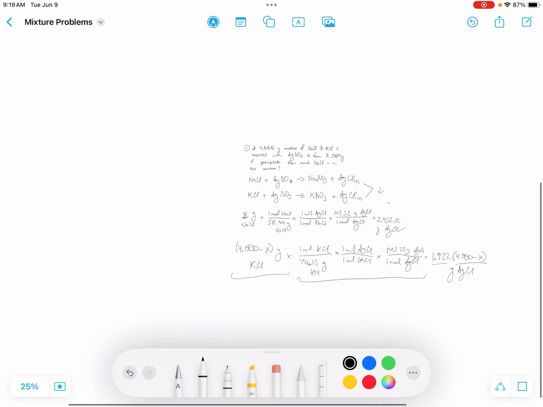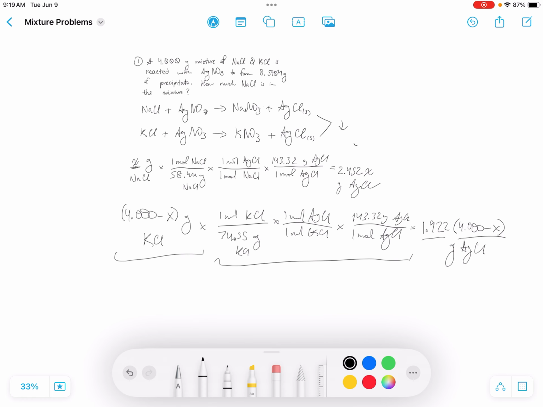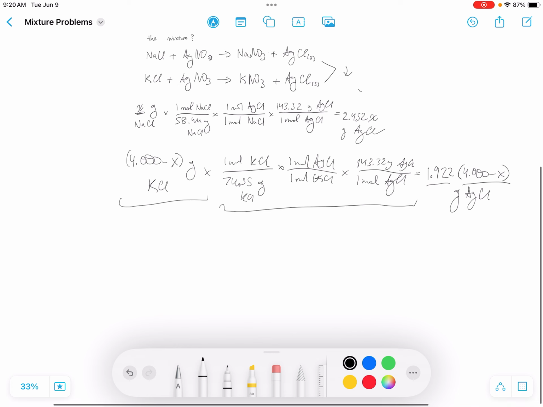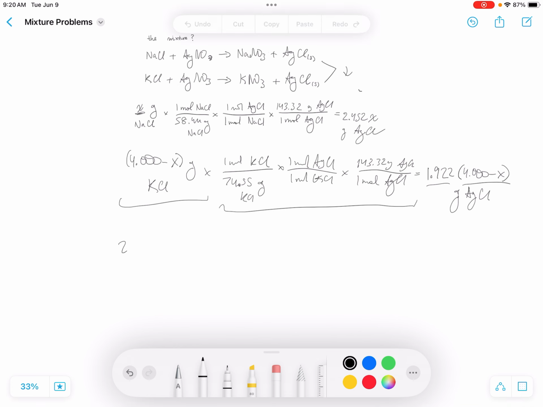So now, cool, we know how many grams of AgCl were formed. So how do we solve for x? Well, we know the total amount of AgCl is 8.5904. So the amount of AgCl formed from the NaCl is 2.452x grams.